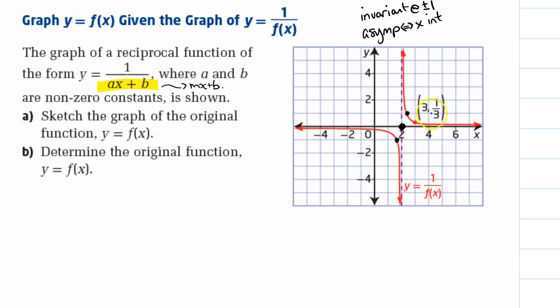Finally, I do actually have a given point, and my y value here, this is my 1 over f of x. So my original output should be the reciprocal of that, so it should be 3. So I'm going to have a point at positive, oops, there at 3 and 3.